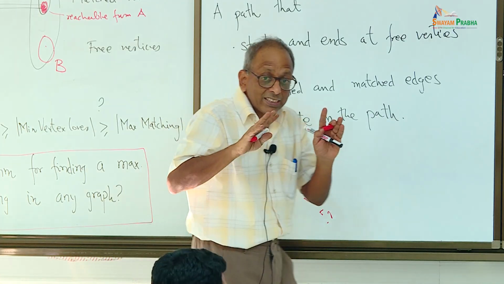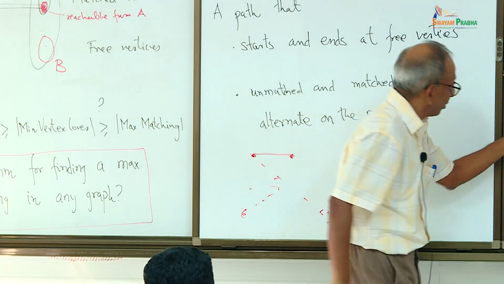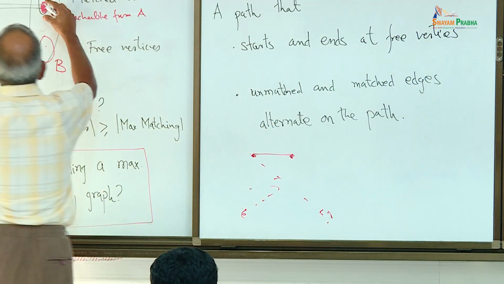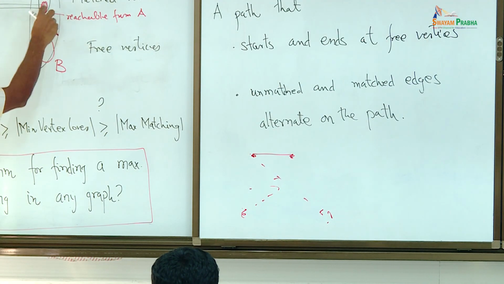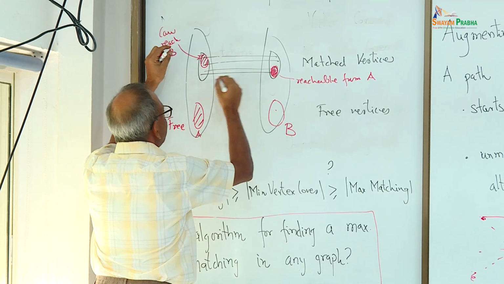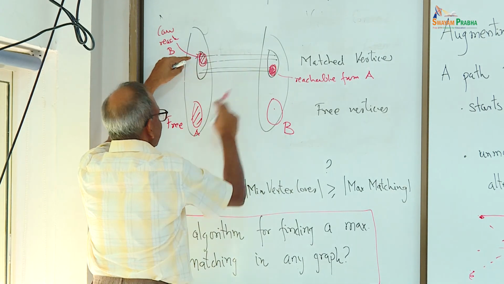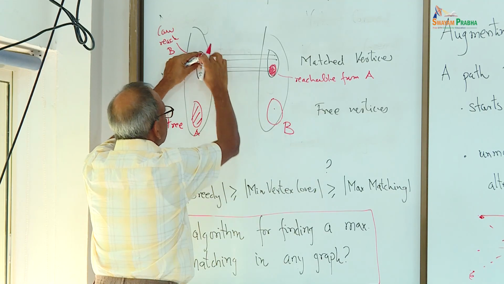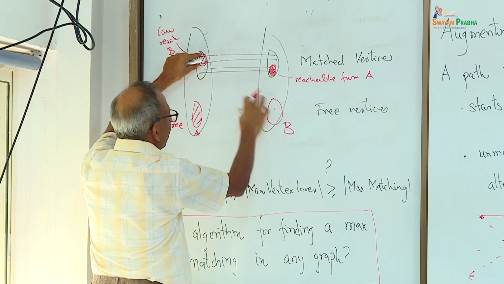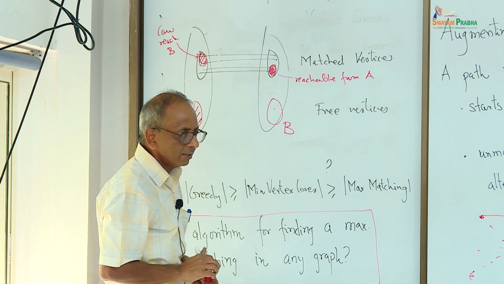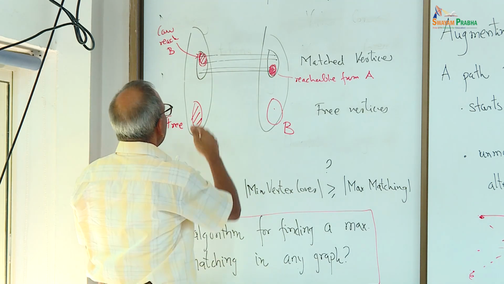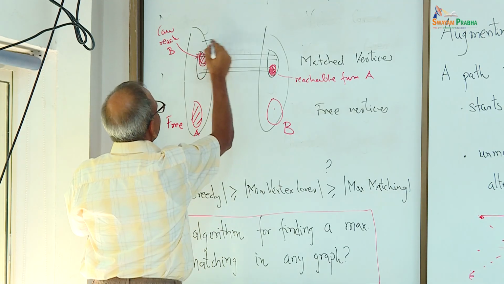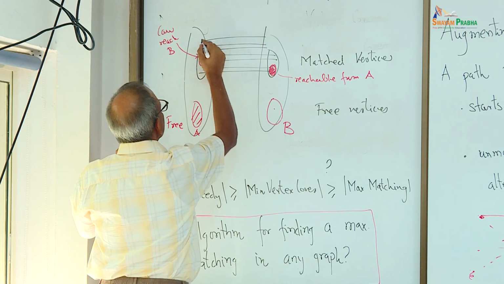So the fact that it has stopped means the algorithm is not able to find any more augmenting paths. That means the matching edges that are reachable from here and the matching edges that are reachable from there are all completely disjoint. Now there might be some more matching edges which are neither reachable from one nor reachable from the other.